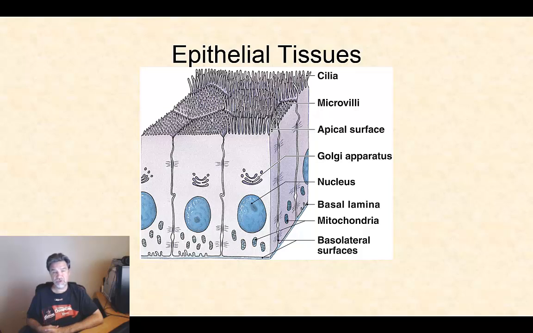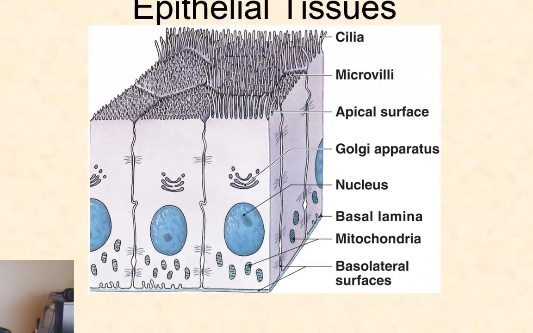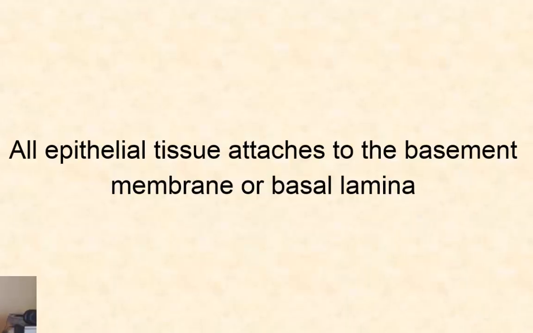You'll notice that most of the organelles are down in the lower portions of the epithelial cells. You see the location of the basal lamina or the basement membrane, and the outer portion is the apical layer. The layer near the basal lamina or the basement membrane is the basal layer. I want to emphasize this: the presence of a basement membrane is the hallmark of all epithelial tissue.